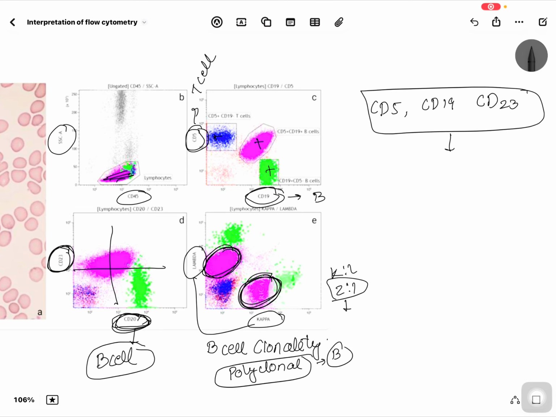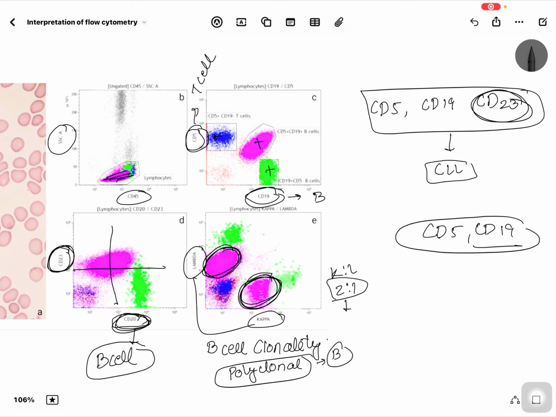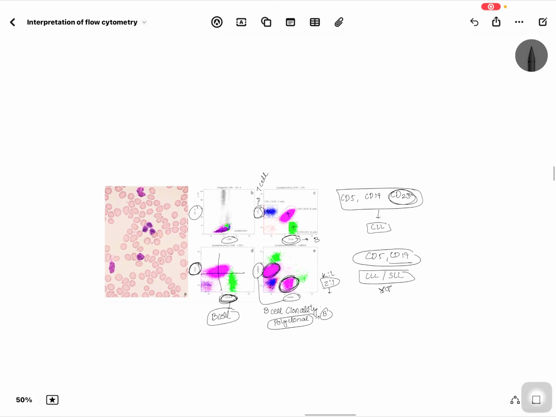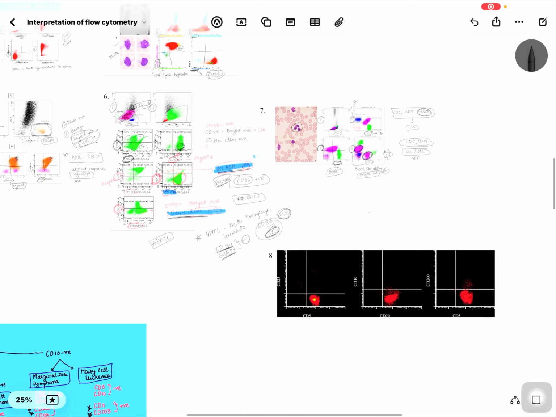This is the most important for CLL, chronic lymphocytic leukemia. So CD5, CD19, T cell marker, B cell marker, and CD23: if present, it is CLL or SLL. Most important example. Okay, now moving on to the next one, the eighth one.